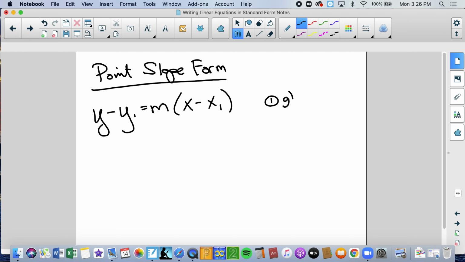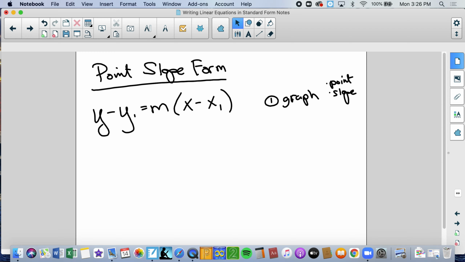We learned how to pull out the point and the slope from that equation. So you notice that in point-slope form, we were able to either plug in or pull out the slope or a point.